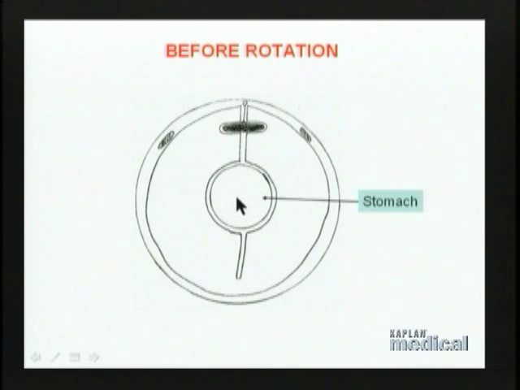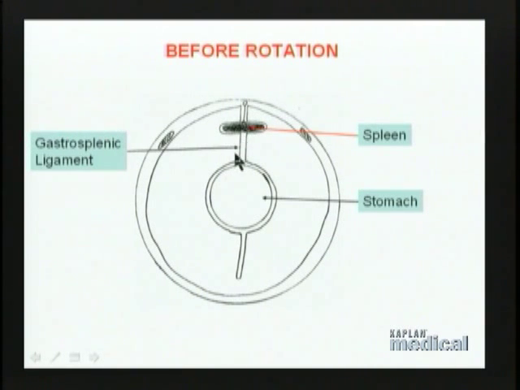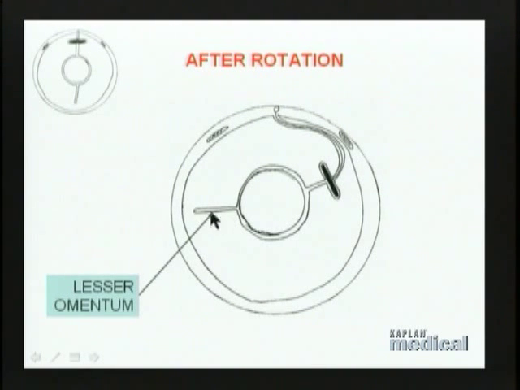We've already said that developing in the dorsal mesogastrium is the spleen, so that hasn't changed. There it is. We said that the dorsal mesentery is now oriented to the right. The free edge that used to be on the ventral side is now on the right side.